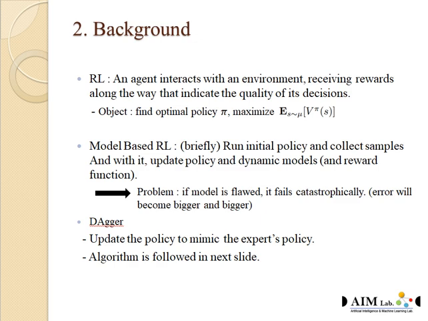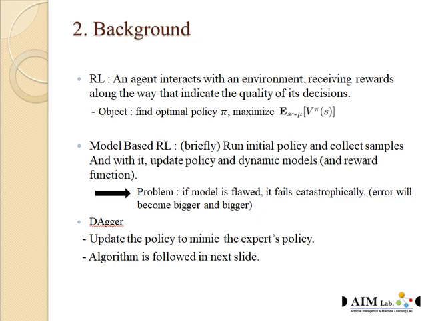So in summary, an agent interacts with an environment, receiving some reward along the way that indicates the quality of its decisions. So its objective is the following: find the optimal policy pi that maximizes some value function in expectation.